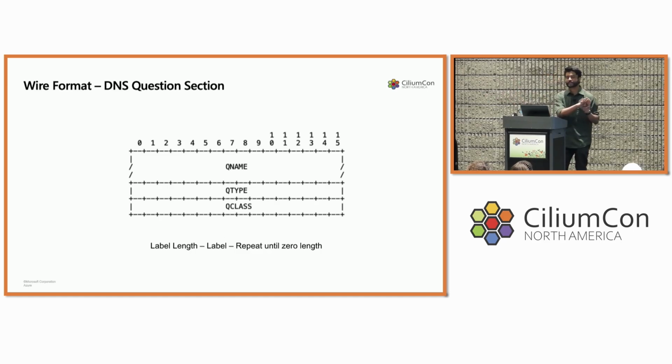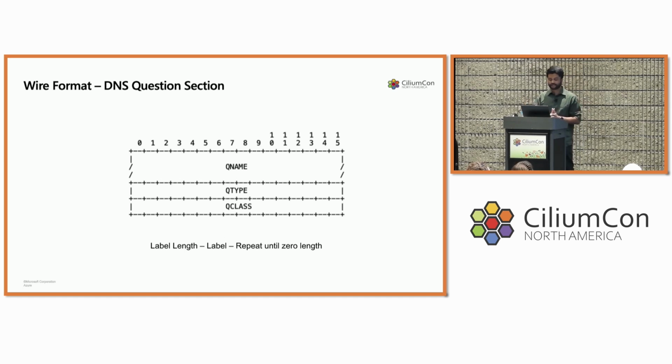So you need to keep parsing until you hit that 0. You need to basically somehow write a loop, and in BPF, how do you do that? You have to be really specific about what you're writing, and you need to make sure you're not exceeding the packet bounds. So that's the first challenge.